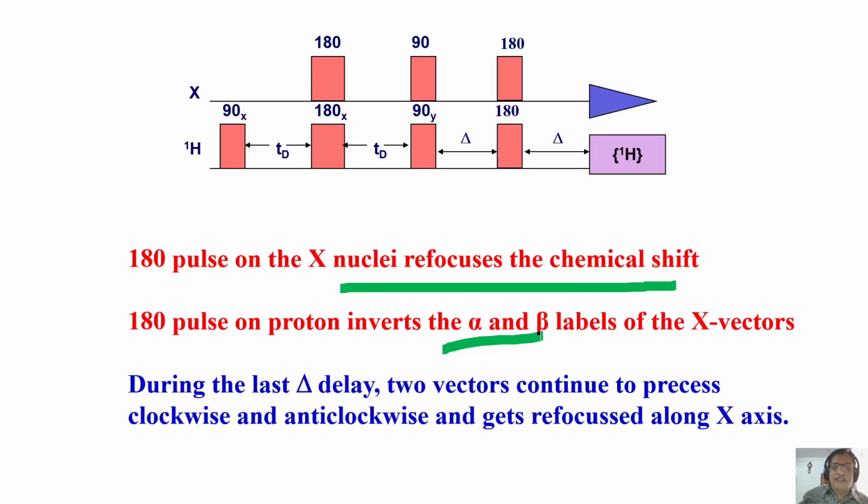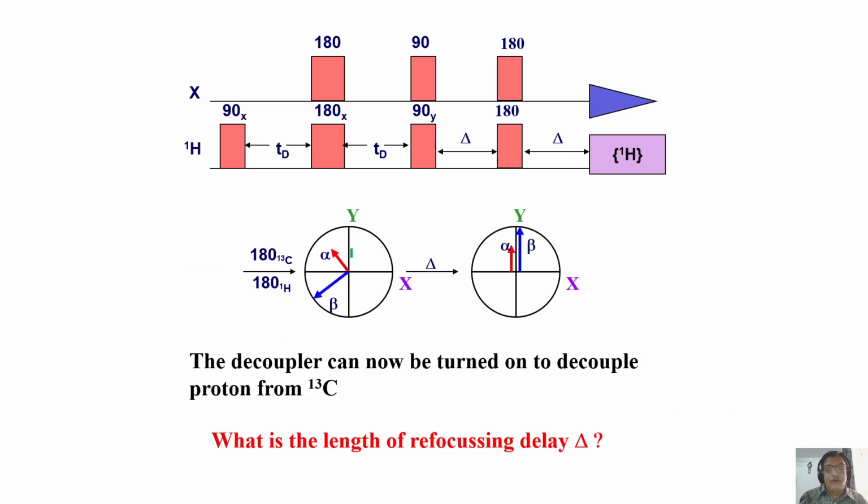When the labels get interchanged, what happens in the last delay? The spin vectors continue to move in the same direction. After some time, both of them will get aligned along this axis. Now they are in phase.